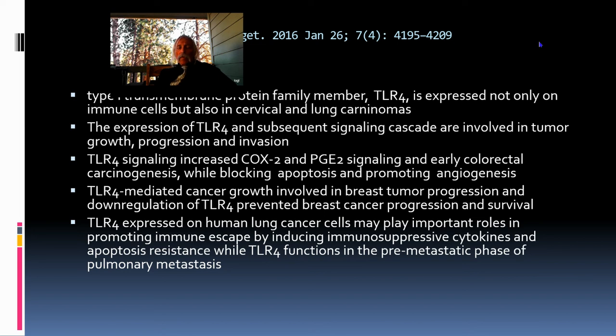Okay, what else? TLR4 expressed in human lung cancer cells may play an important role in promoting immune escape by inducing an immunosuppressive cytokine flood and thus apoptosis resistance, while TLR4 functions in the pre-metastatic phase also of pulmonary metastasis.